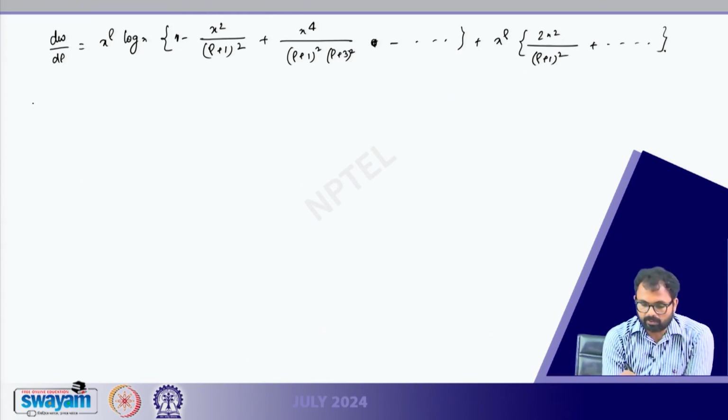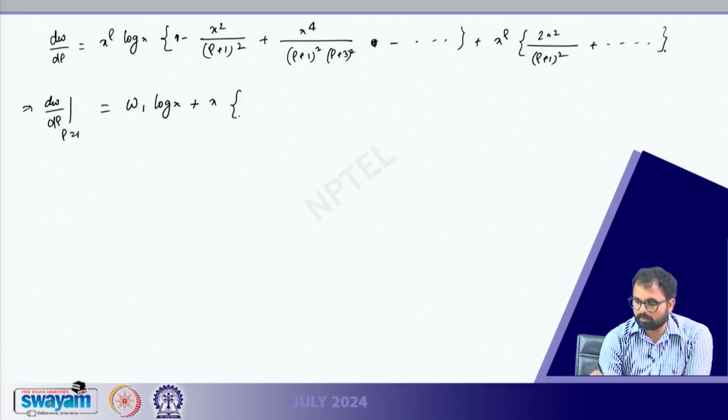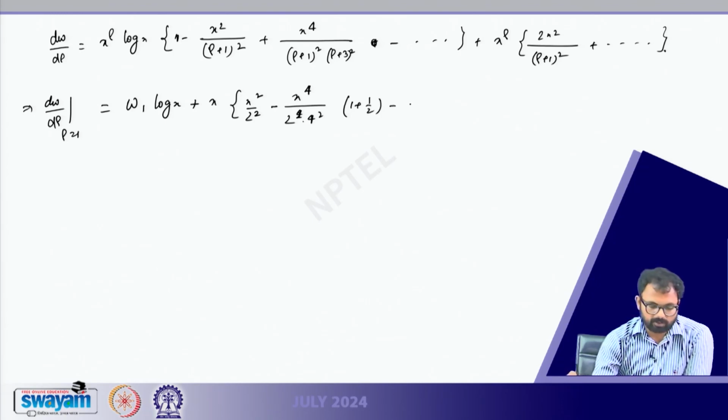So, this dw by d rho at rho equals 1 is w1 log of x plus x into [x square by 2 square minus x to the power 4 by 2 square 4 square into (1 plus 1 by 2) minus dot dot and so on]. So, this is our w2, say.